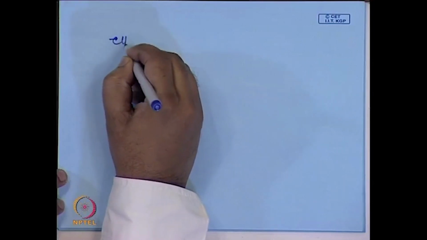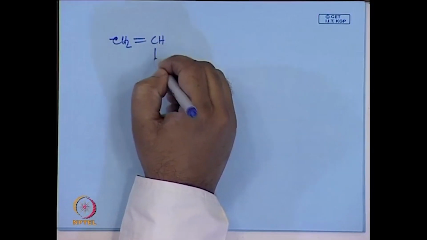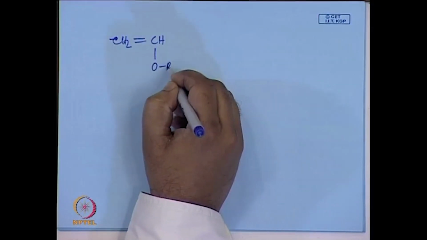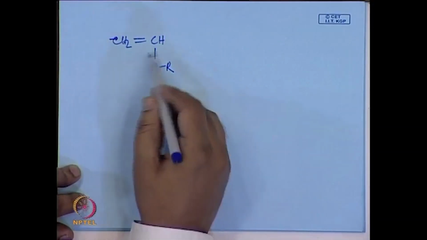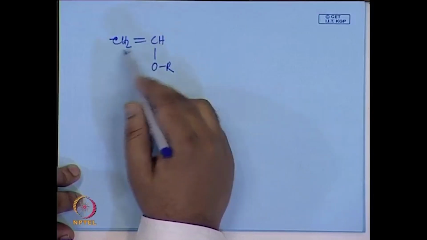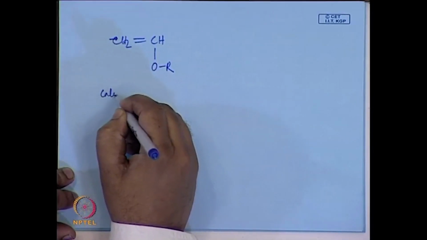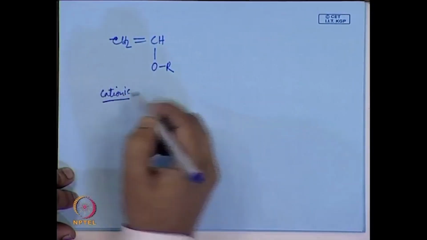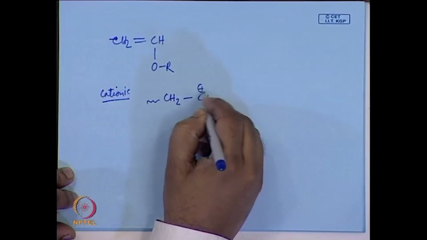Now, if we talk about this monomer, if I polymerize it with a cationic initiator, then it will be a cationic species.